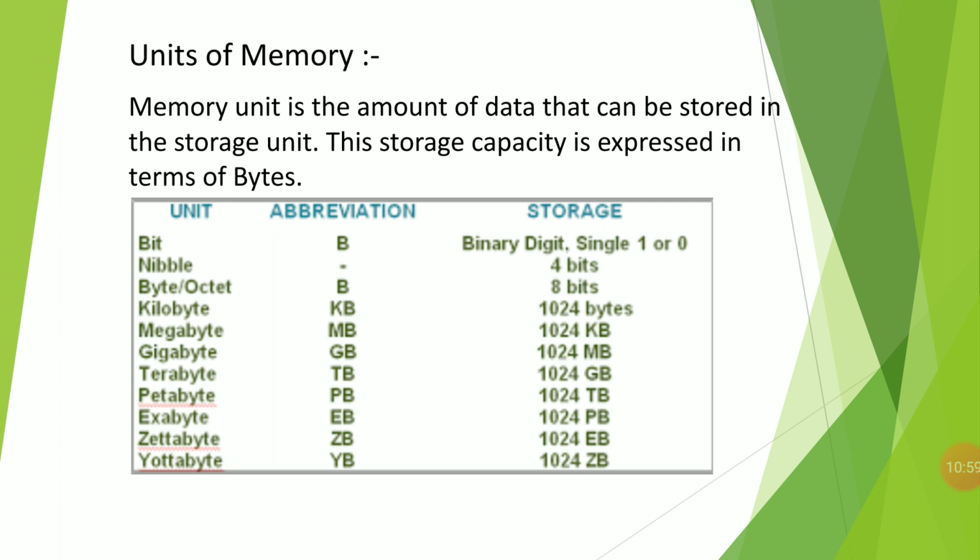Likewise, petabyte, PB, exabyte, EB, zettabyte, ZB, and yottabyte, YB. It contains 1024 ZB. So these all are the points of units of memory.